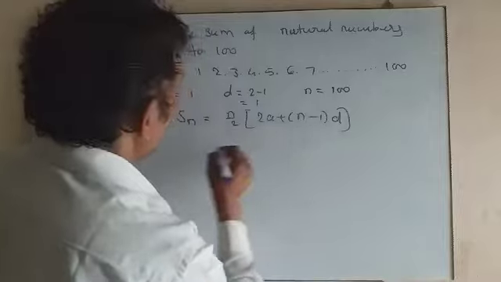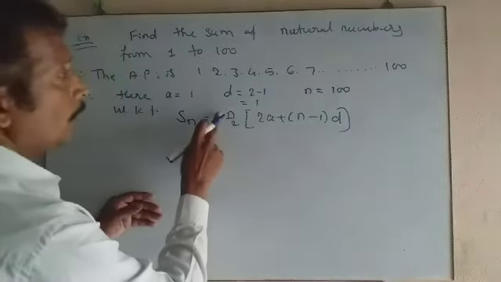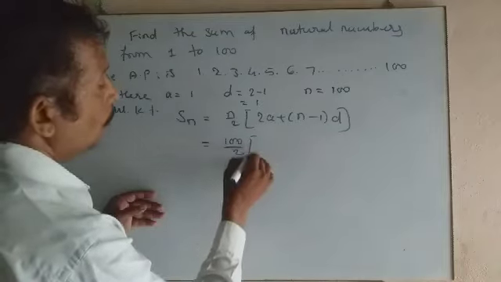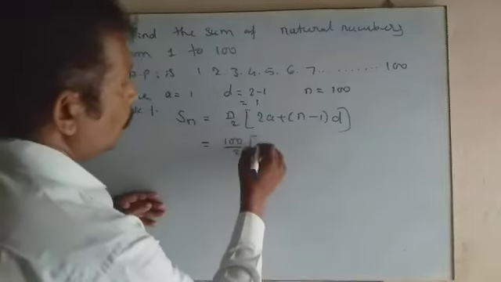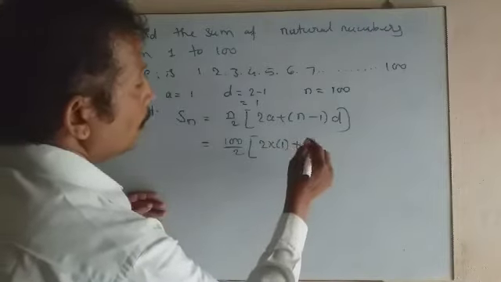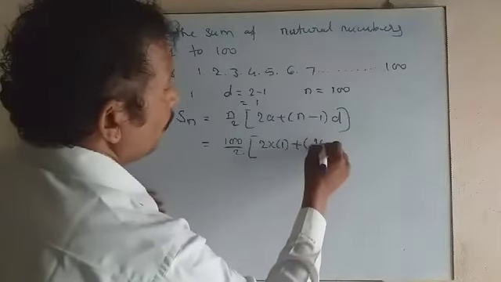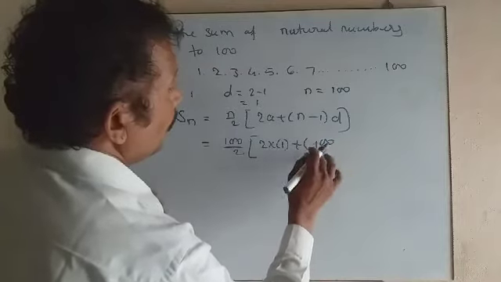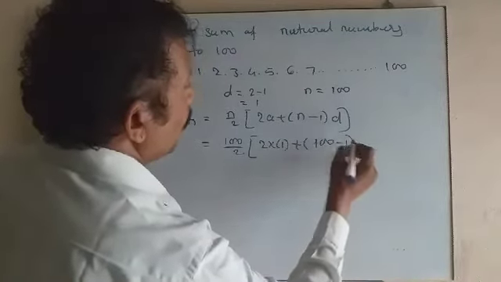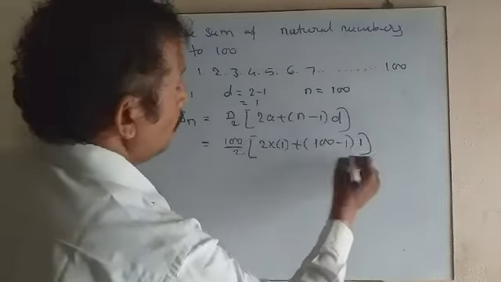into d. That is equal to n, the number of terms, 100 divided by 2 into bracket 2a, 2 into a is 1, plus n minus 1, n is 100, 100 minus 1 into d, the common difference, is 1.